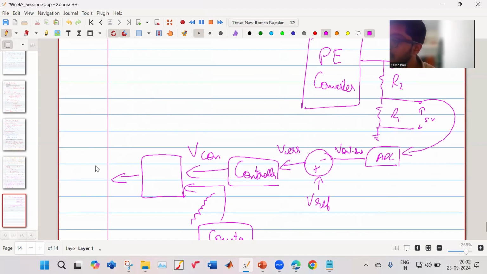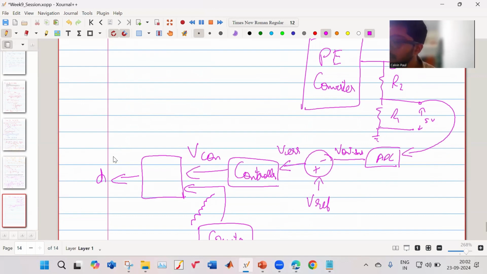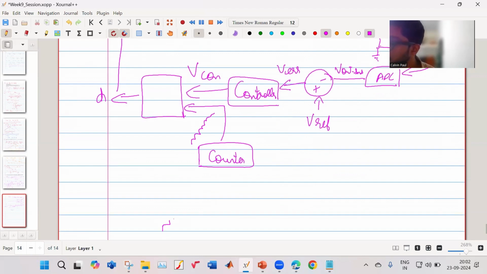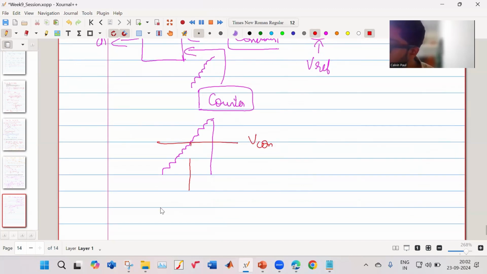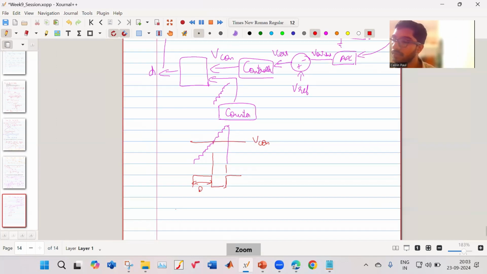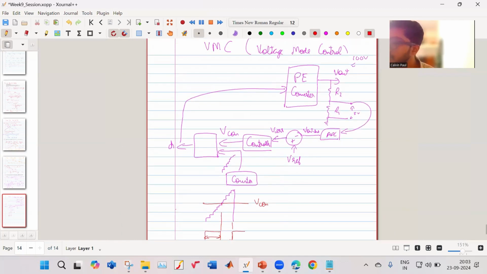And this will generate what duty ratio I require, which will go over here. So this is your counter value and this is your Vcon. So this will generate your duty ratio, which you must apply for your converter. Okay. So that is how this 100 volt which was there was stepped down such that it is compatible with your op-amp.